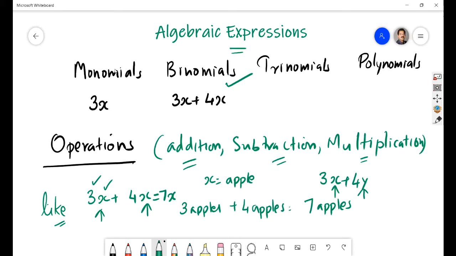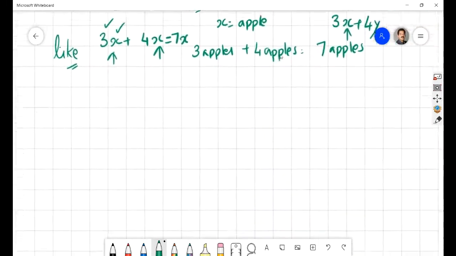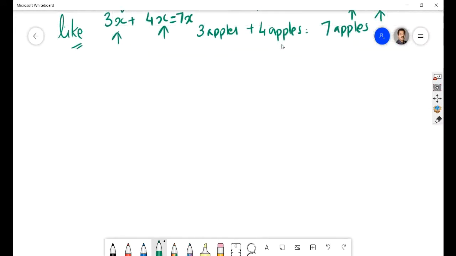Understood? That is the concept of addition, and the same concept we can apply in the case of subtraction also. What is the principle? We can simply subtract like terms.